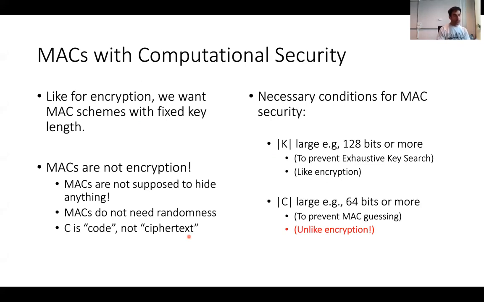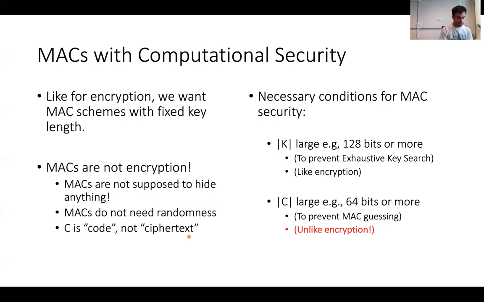Like in encryption, we already have these two necessary conditions for MAC security. If the MAC scheme has a fixed length key and the same key is used for a large number of messages, then you will still have the exhaustive key search attack that we saw in the confidentiality lecture. Even for MACs, the attacks are exactly the same.